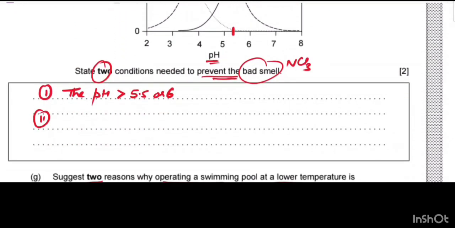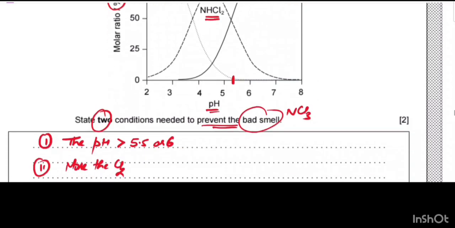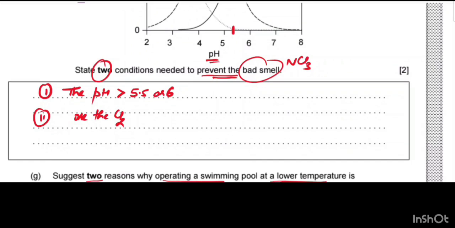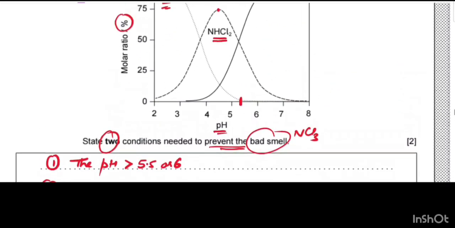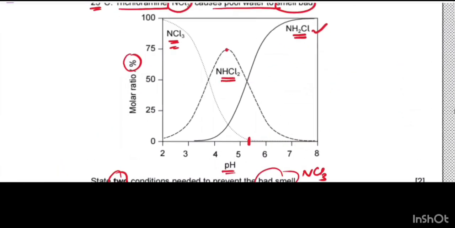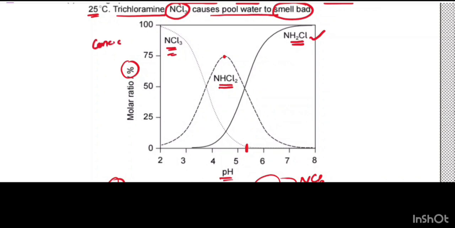So it shows the higher the Cl2, the higher will be the chances of formation of NCl3. More NCl3 will be formed when the concentration of Cl2 is higher, because there are more moles of chlorine, and it is generally formed at lower concentration.